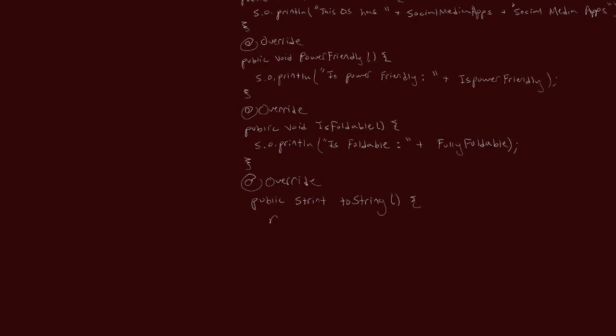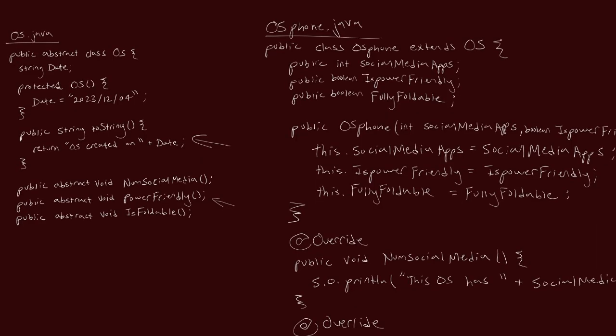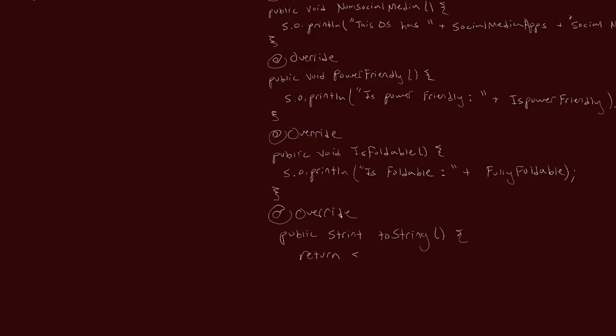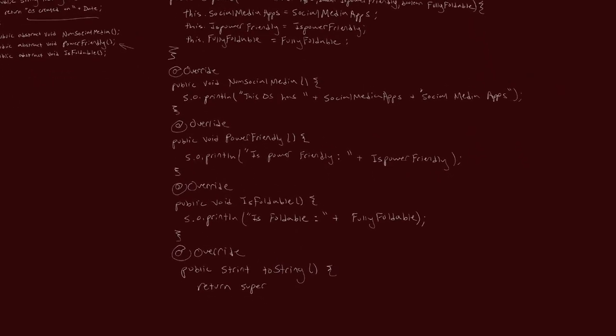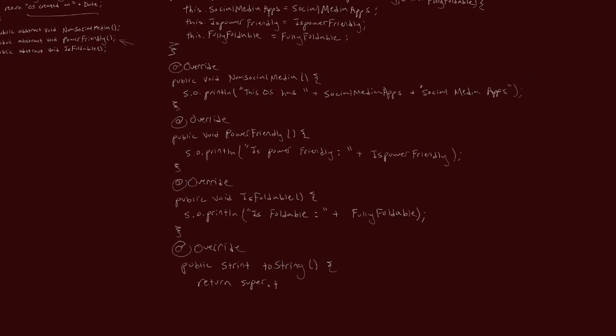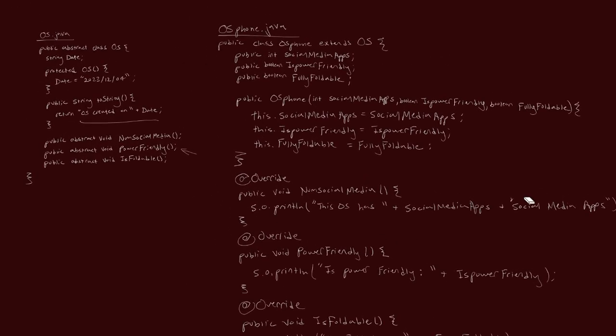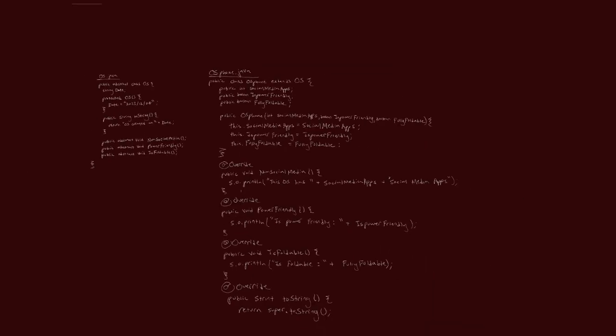Pretty much I'm going to return this. What I do is super, so that way I access the toString method inside the OS class, and I put in the toString method. So dot toString. All right, and so this is for the OS phone class.